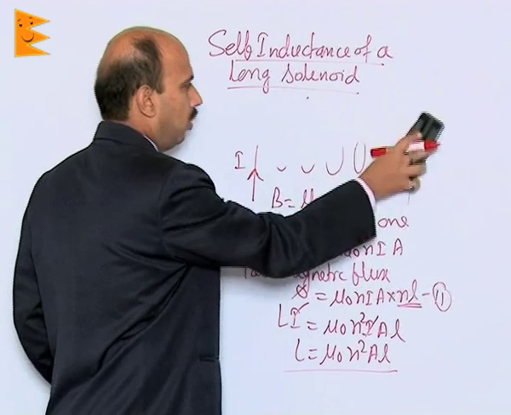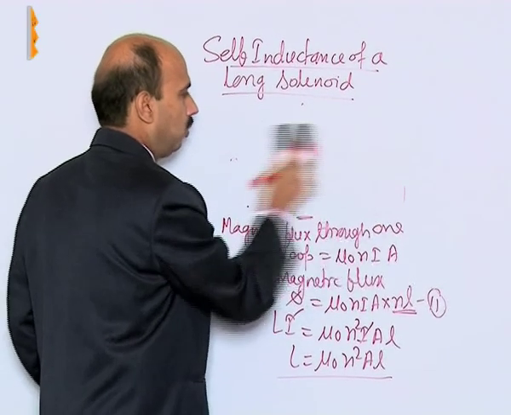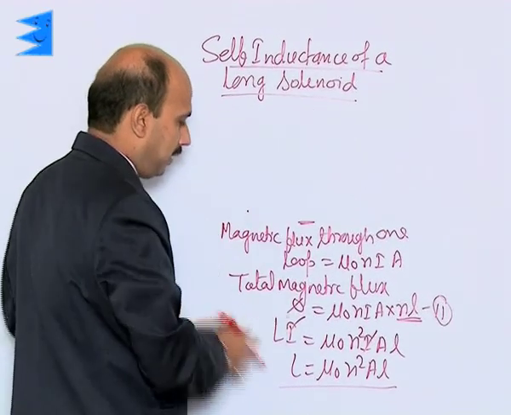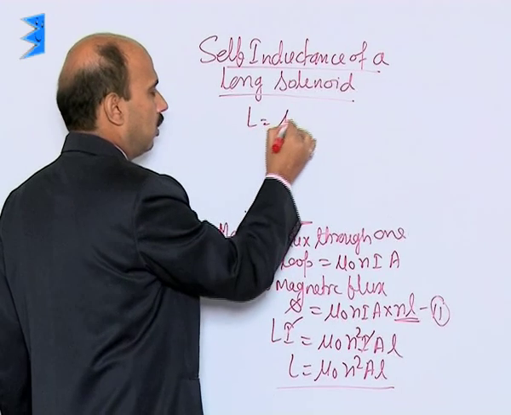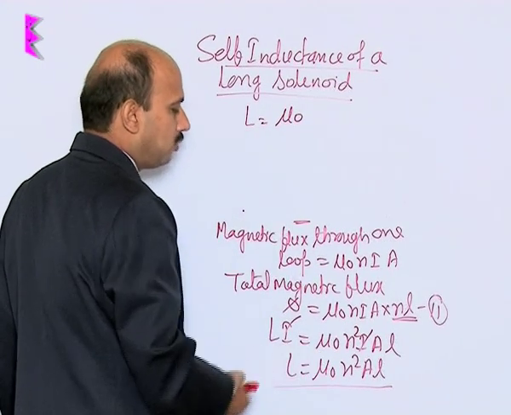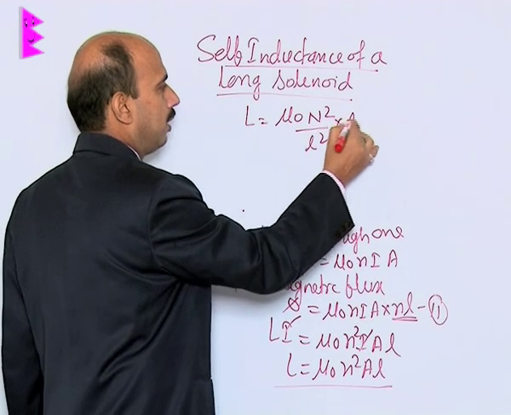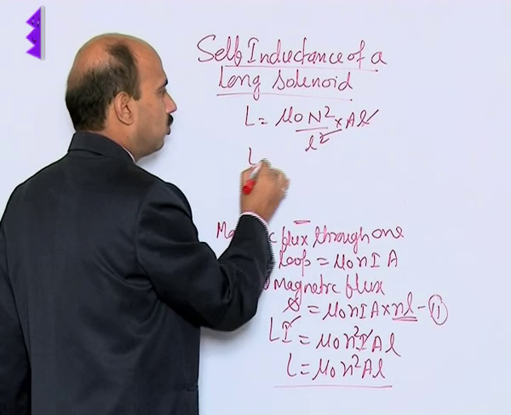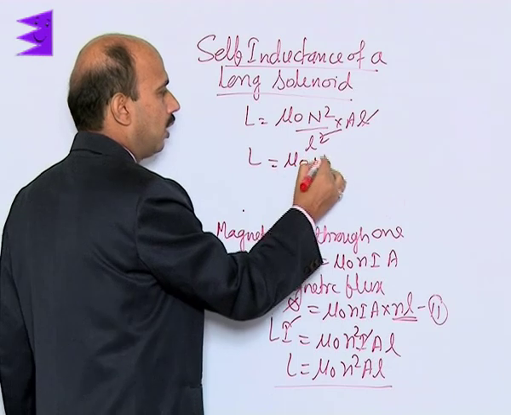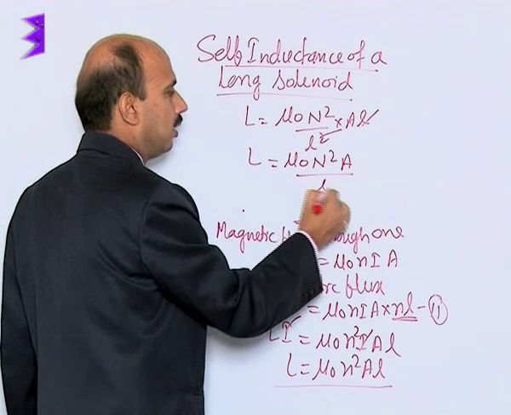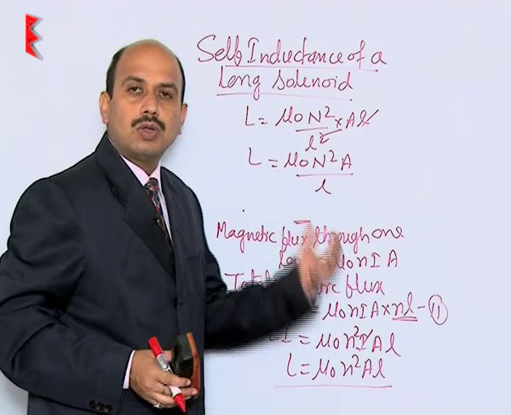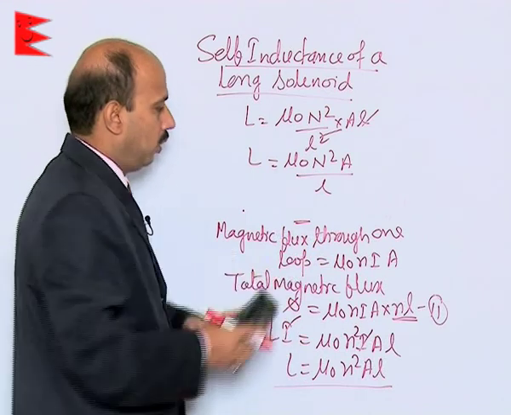And now we can simplify it also. We have L is equal to mu naught, and in place of n we can write N upon L, so N square upon L square into A into L, one L cancels. So L is equal to mu naught N square A upon L, where capital N is the total number of turns in the solenoid.